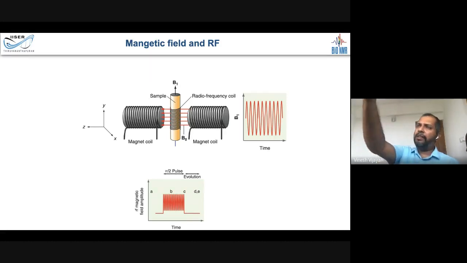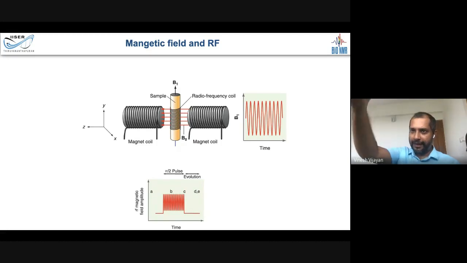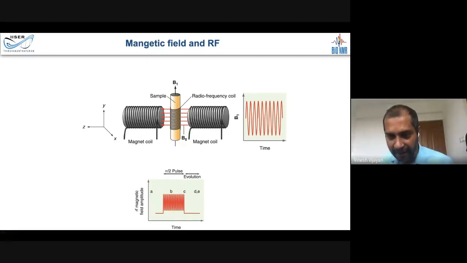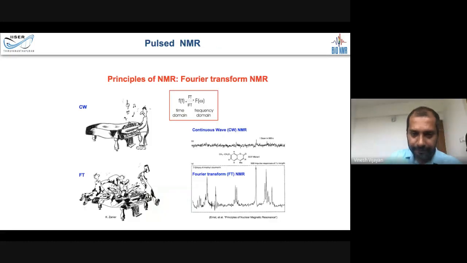If it is a pi/2 pulse, then after its application the magnetic moment goes from the z axis to either x or y, depending on which direction you're applying the pulse. This is a short burst of radiation that is sufficient to excite most of the resonances in your signal.